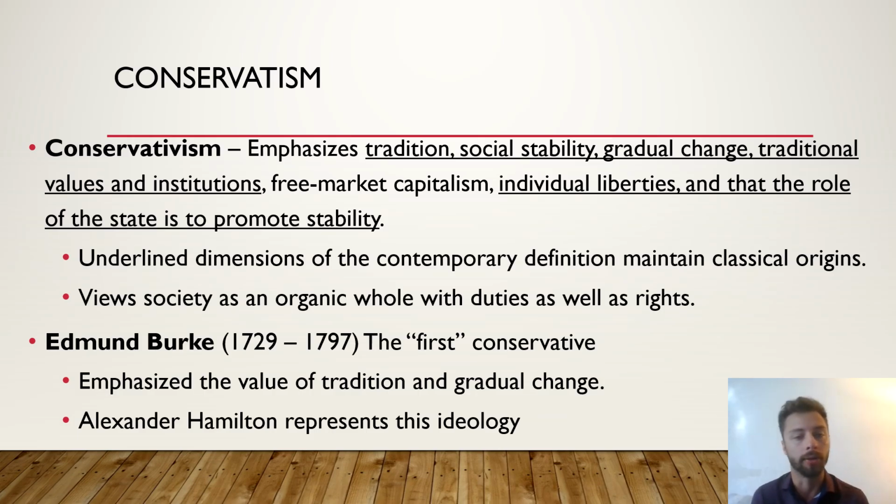Of course, we'll look at the underlying dimensions that are present quite heavily in Edmund Burke's first origins of conservatism: tradition, social stability, gradual change, traditional values and institutions, individual liberties, and that the state has an objective primarily to promote stability.